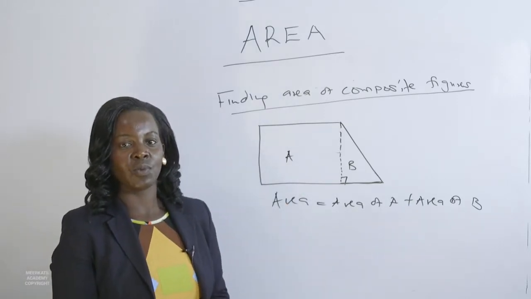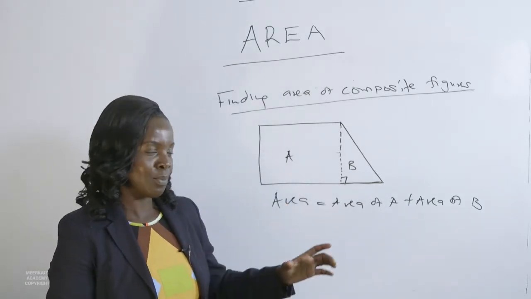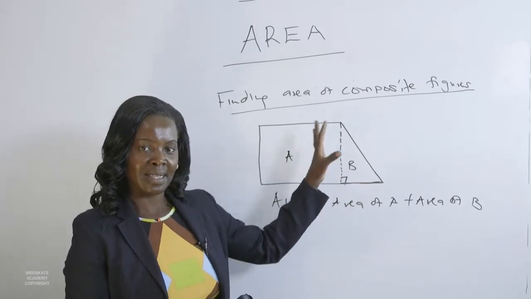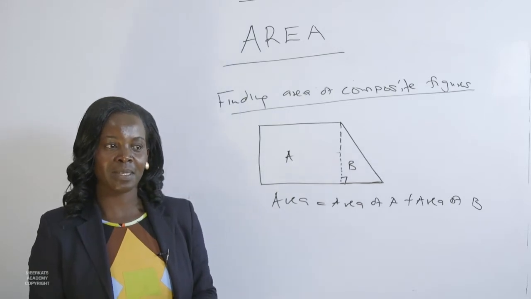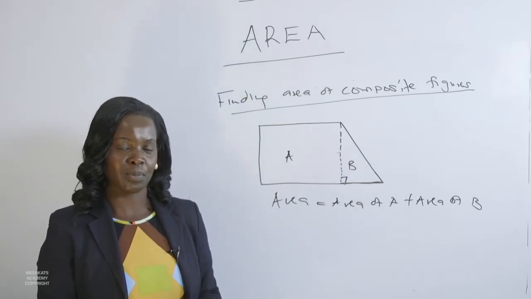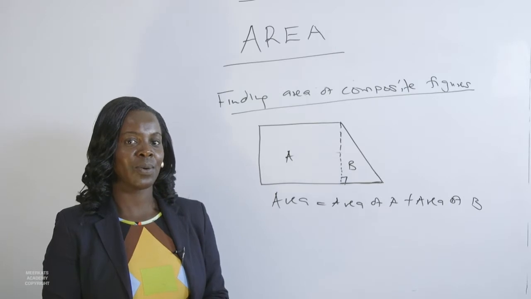It is not always that we add small basic figures to give us the area of a composite shape. Sometimes you are required to subtract. We either add or subtract.